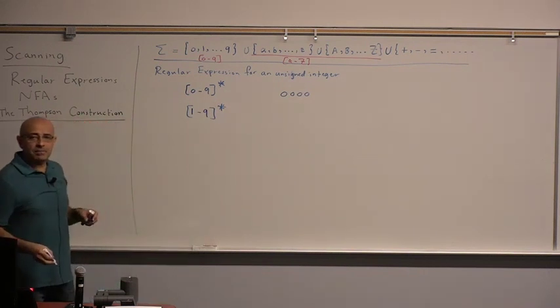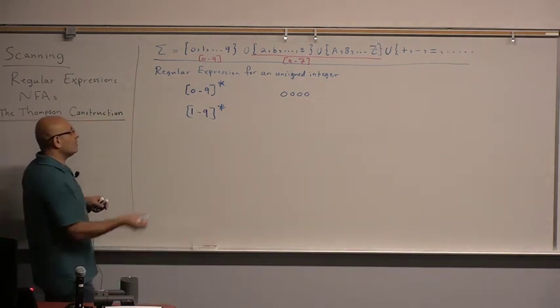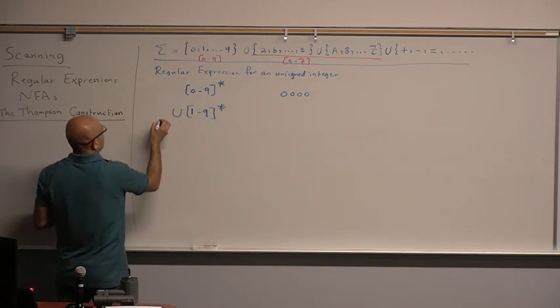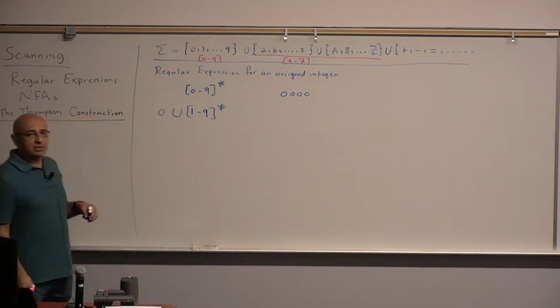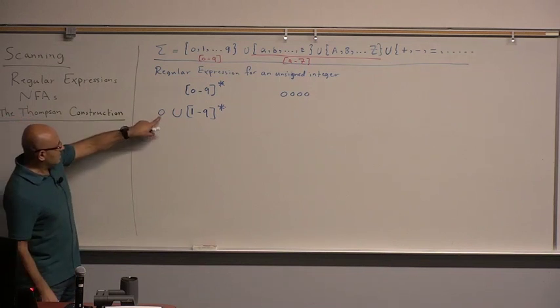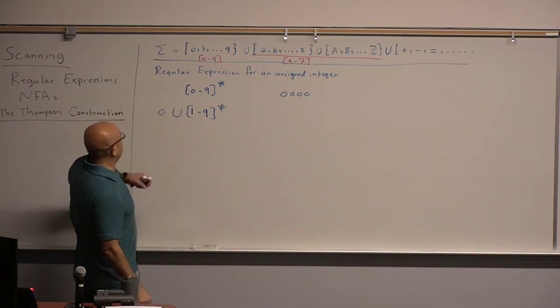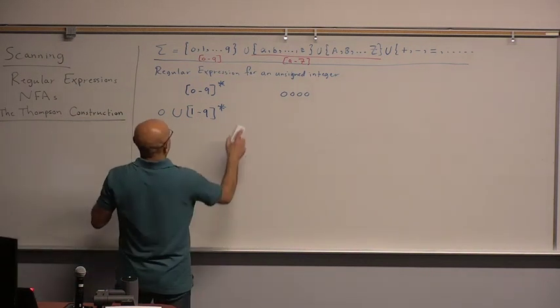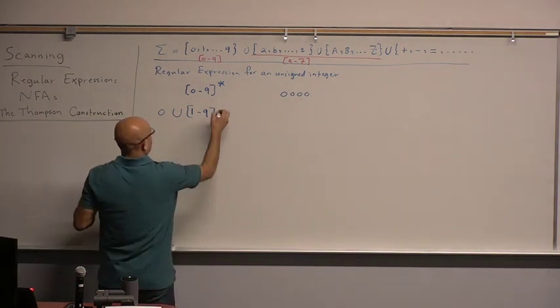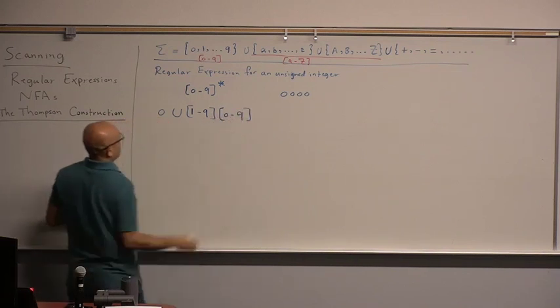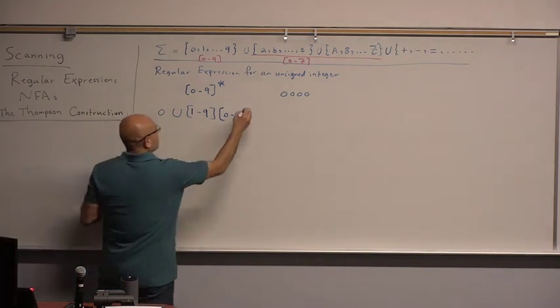But then what's the problem? You can add the 0 by itself. So you can just add union 0. You either have a 0 or you have 1 through 9 followed by 0 through 9 star.